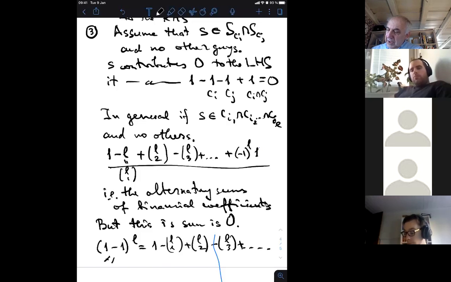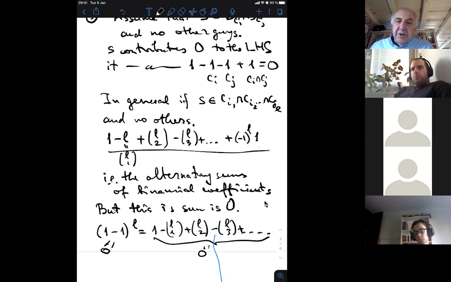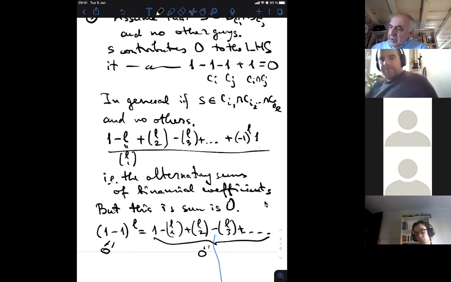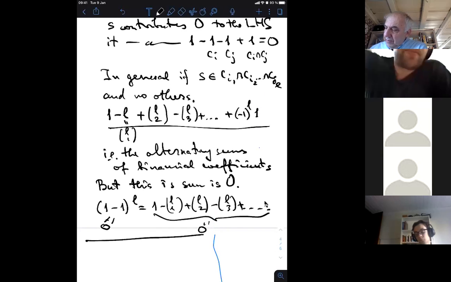But the left-hand side is 0, so this whole thing would be 0 as well. You probably know that the sum of binomial coefficients from L choose 0 to L choose L is 2 power L. But the alternating sum is 0, alternating the signs every time. Okay, this observation finishes our proof.